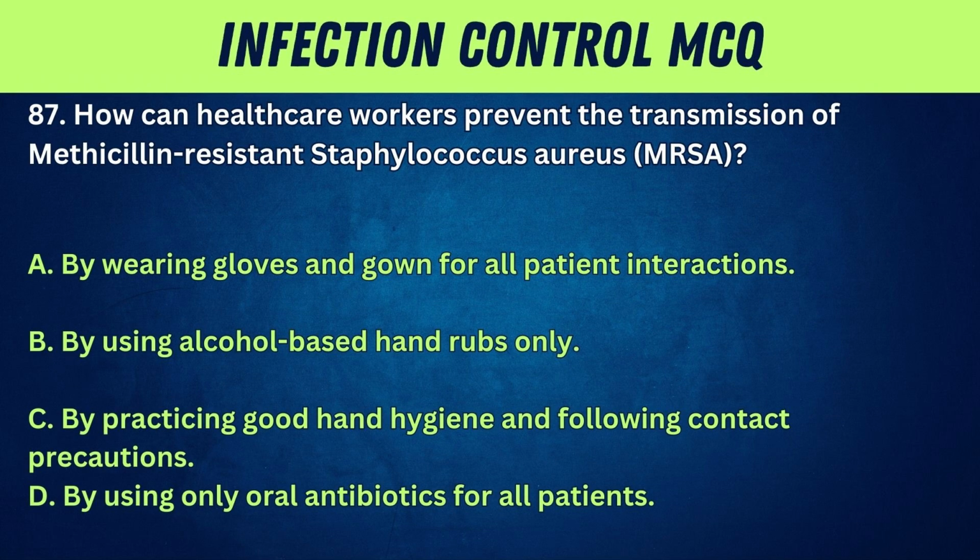87. How can healthcare workers prevent the transmission of methicillin-resistant Staphylococcus aureus, MRSA? A. By wearing gloves and gown for all patient interactions. B. By using alcohol-based hand rubs only. C. By practicing good hand hygiene and following contact precautions. D. By using only oral antibiotics for all patients.